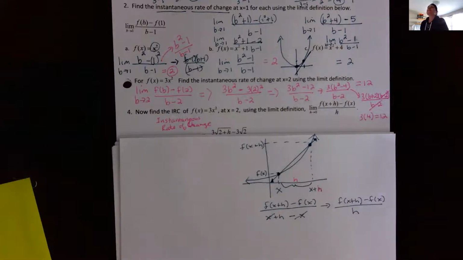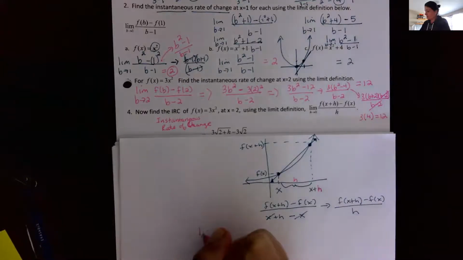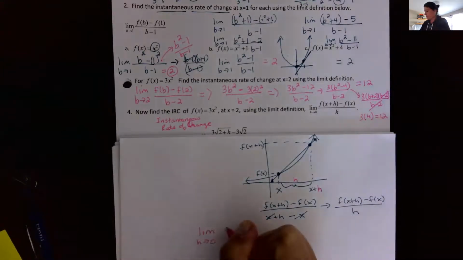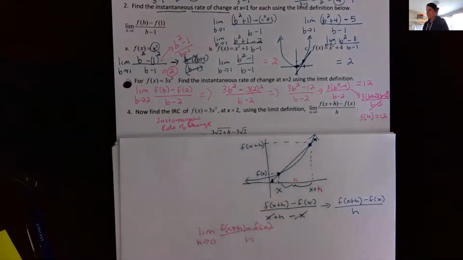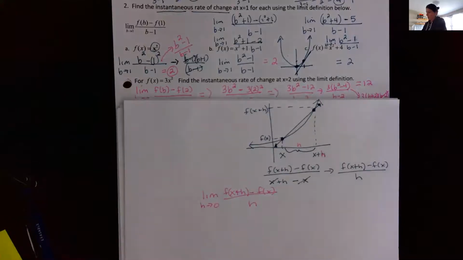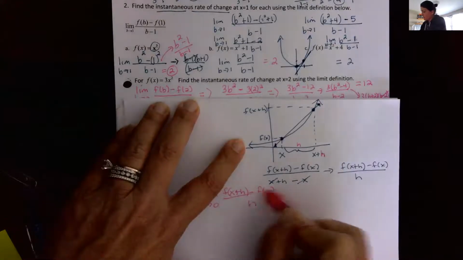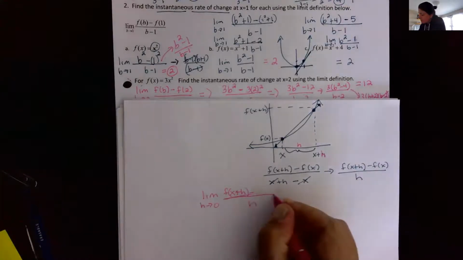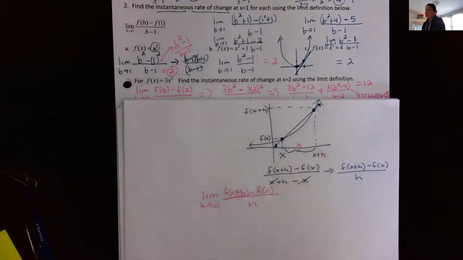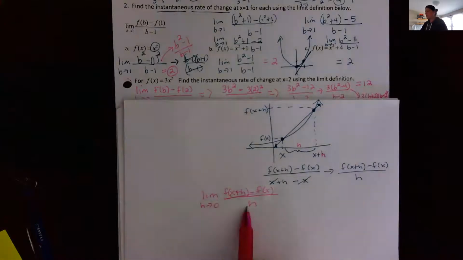If we add limit notation to this, let's add limit notation to it. If we add limit notation to that, we are specifically saying where h approaches 0.